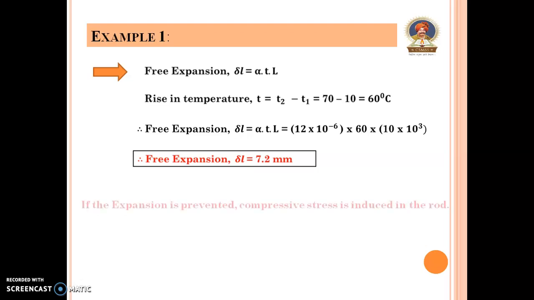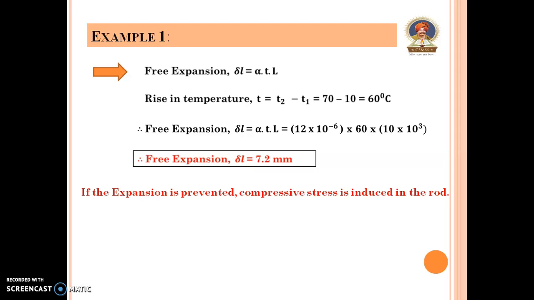If this expansion is prevented, compressive stress is induced in the body. Therefore, compressive stress sigma is equal to alpha into T into Young's modulus E. Put all these values in this equation.